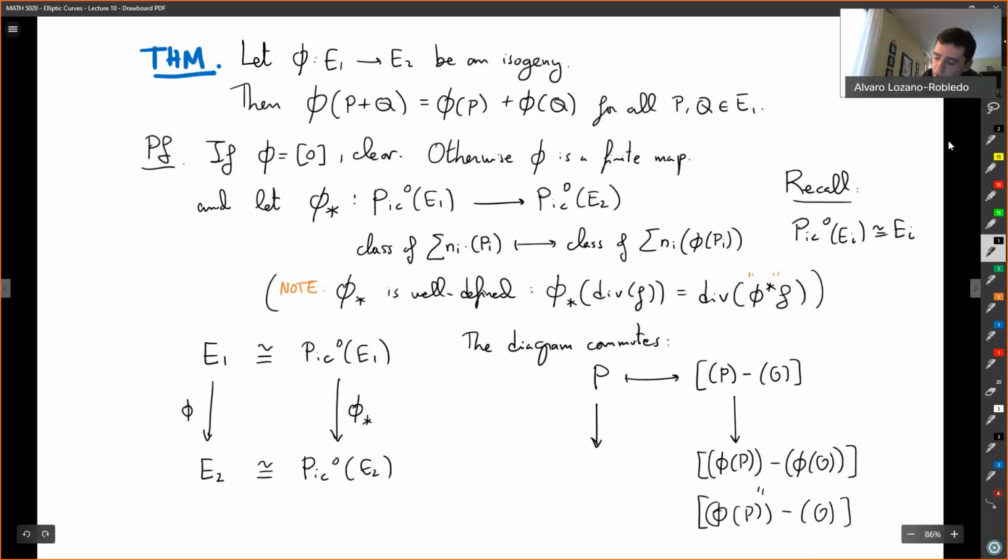This would send P to phi of P, and then the kappa for E2 would send phi of P to the class of phi of P minus O. So the diagram commutes. Now I have that diagram, and I'm going to use it to prove that phi of P plus Q is phi of P plus phi of Q.